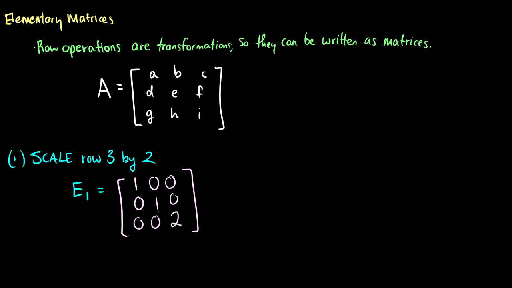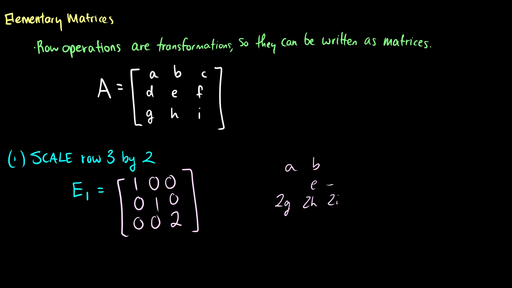And if we do the matrix multiplication, our end result is A, B, C, D, E, F, and then 2G, 2H, and 2I. So that is the elementary matrix that scales the third row by 2.